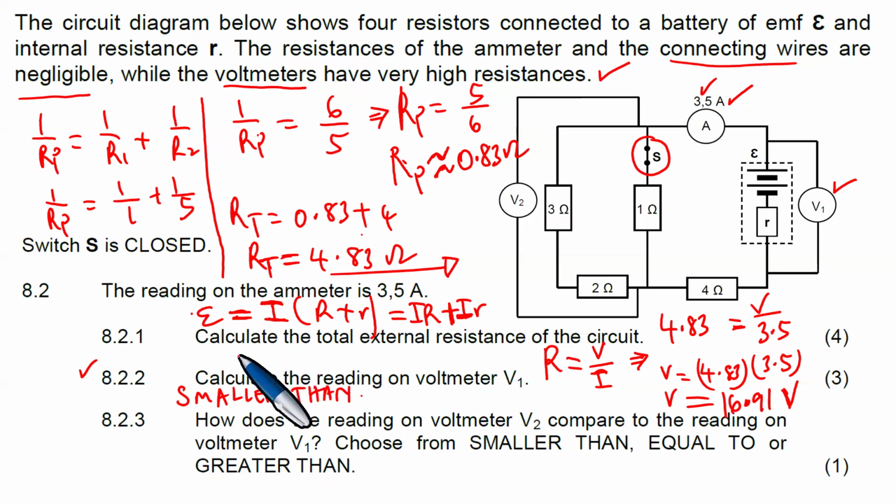This is the EMF formula. In other words, this one is going to be V external, with the lost volts, V internal.